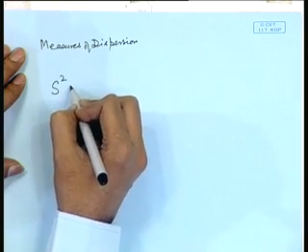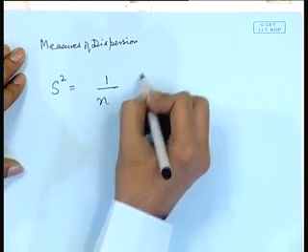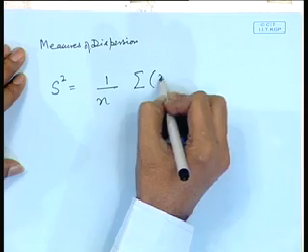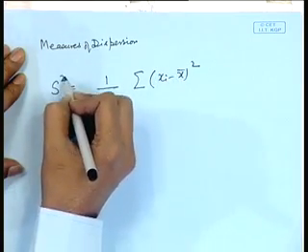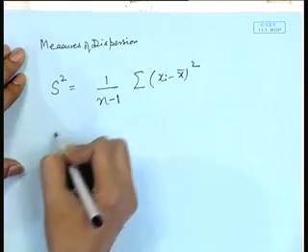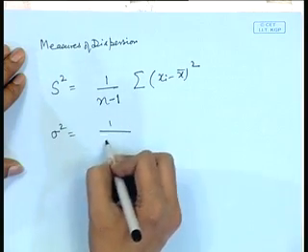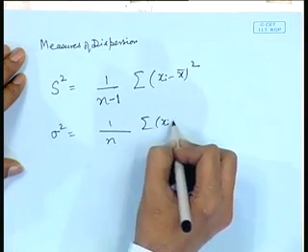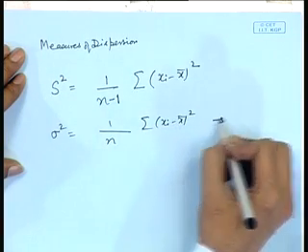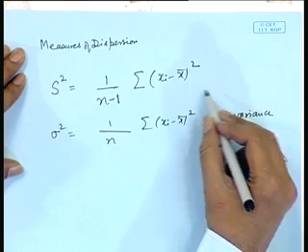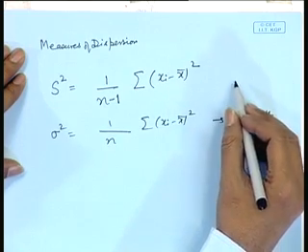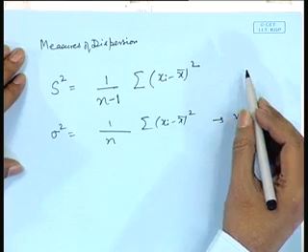We consider 1 by n sigma (xi minus x bar) whole square. Now, there are different notations for this. We may use 1 by n minus 1 here. Sigma square as 1 by n sigma (xi minus x bar) whole square is known as variance, and the one with n minus 1 is sometimes called the sample variance.